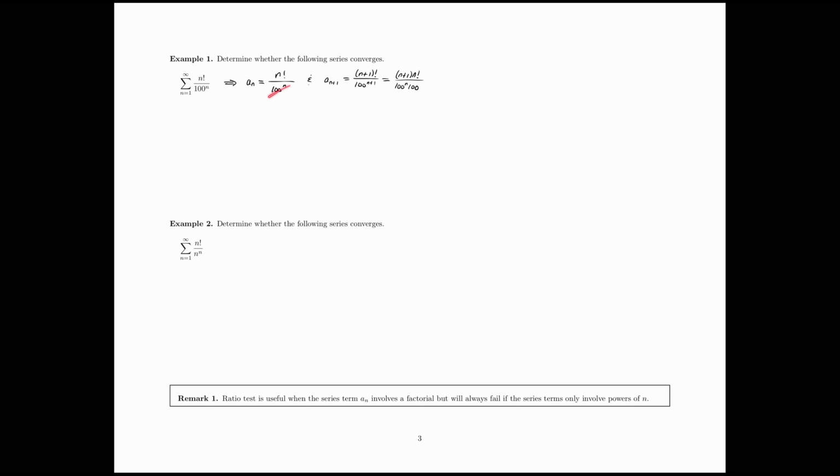So we want things written in an equivalent way so that we can cancel them out. Now, for the ratio test, rho is the limit as n goes to infinity of the absolute value of a sub n plus 1 over a sub n.